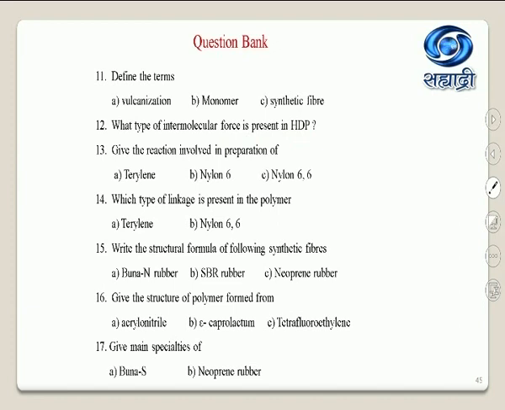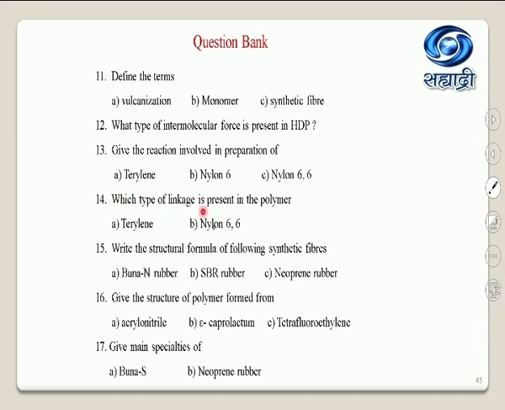Because we have studied the classification which is based on intermolecular forces of attraction between two units of monomer. Therefore, you can answer the question like this. Then give the reaction involved in the formation of terylene, nylon 6, nylon 6,6. For such a question, you have to write first the monomers separately and then write the correct reaction for that particular polymer.